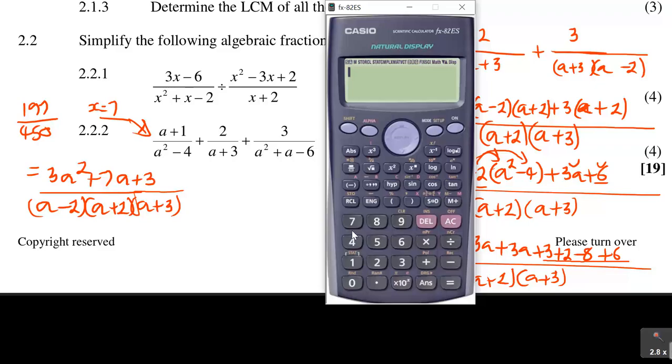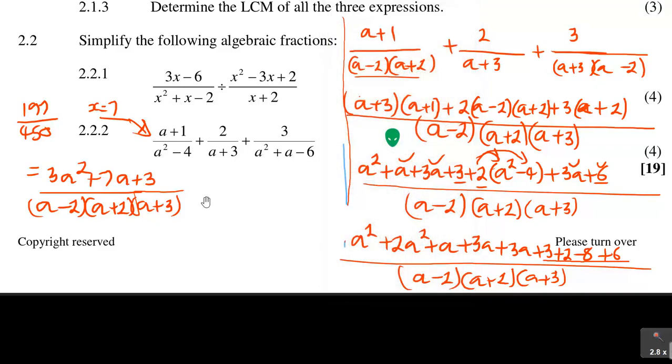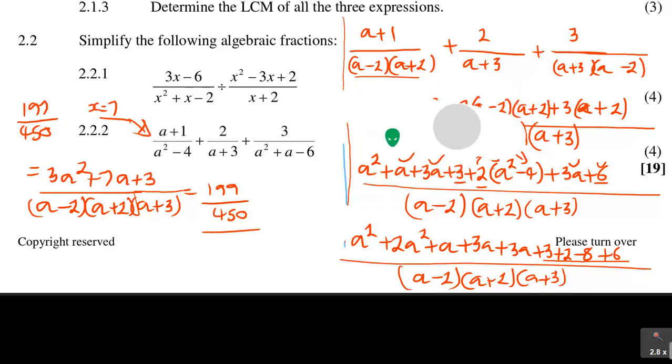Let's look at the final answer, which is the fraction 3 times 7 squared plus 7 times 7 plus 3 over, now it's 7 minus 2, it's 7 plus 2, it's 7 plus 3, it's 199 over 450. So I'm getting here 199 over 450.